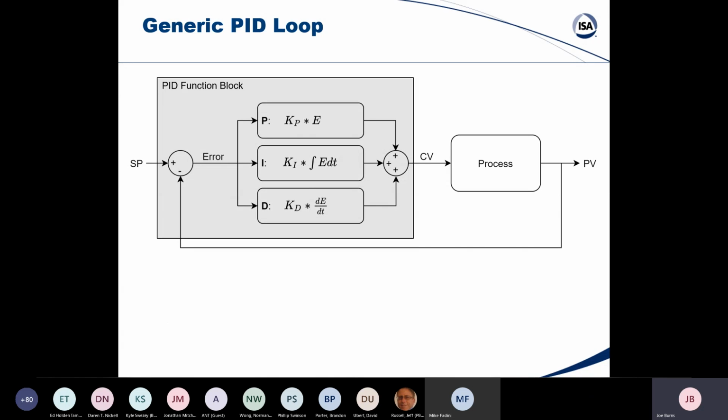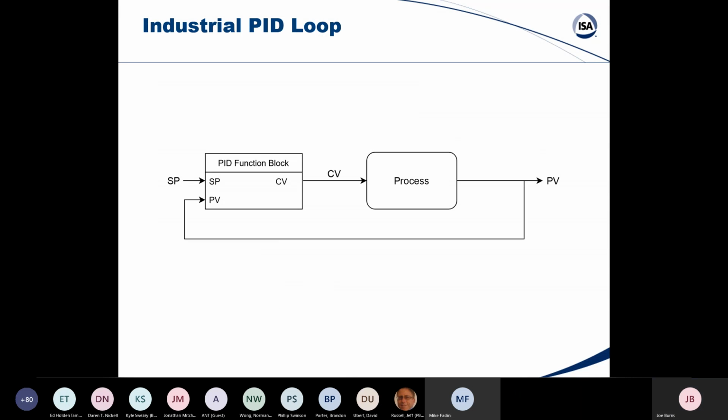For industrial controls like a PLC or DCS, all of this stuff here is usually handled in a standard software block. So I'm just going to simplify our diagram a little bit. Okay, this looks a little bit more familiar. We have a software function block where all the PID calculations and tuning values live, and the CV output goes to a process, which could be anything.